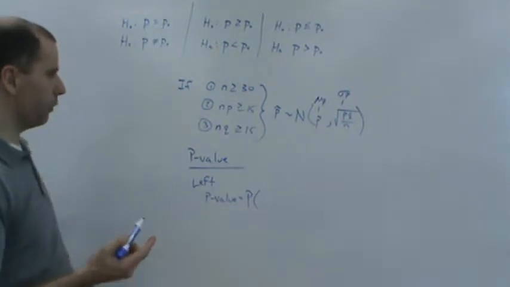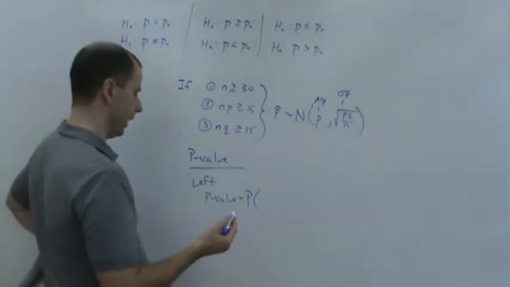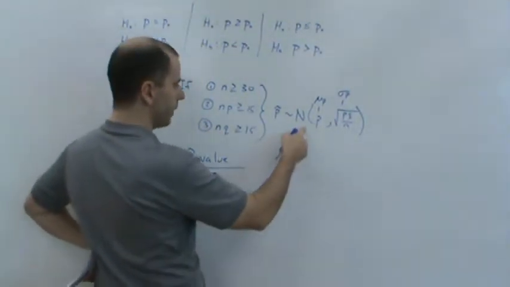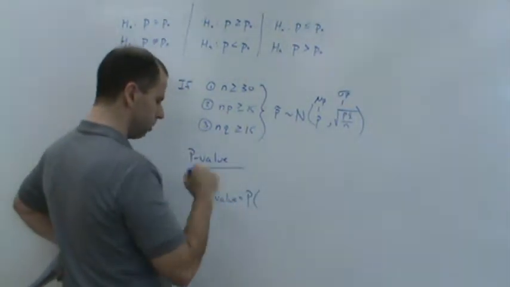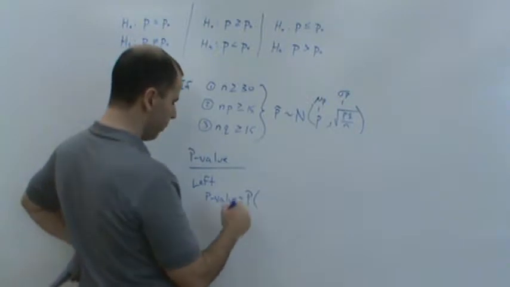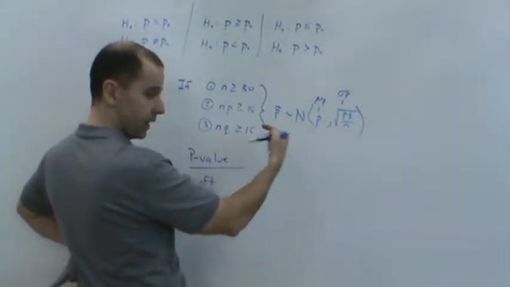Well, if we're dealing with proportions, we know it's going to have this distribution, right? Well, we want, excuse me, we want to know if it's a left tail test, it's going to be less than, right?